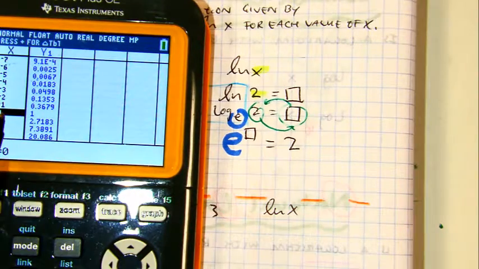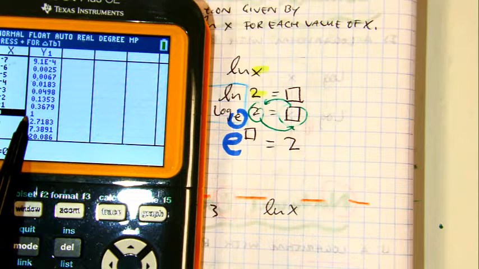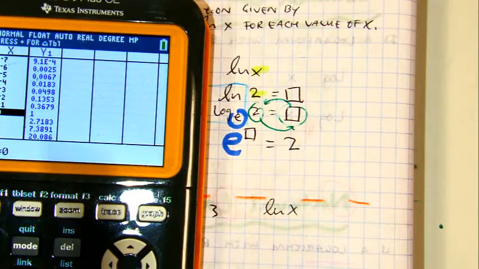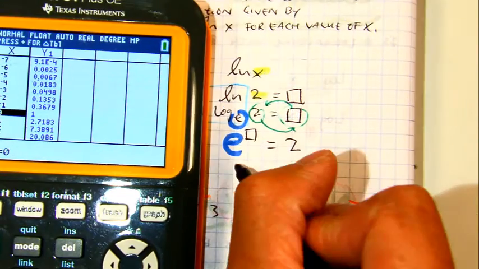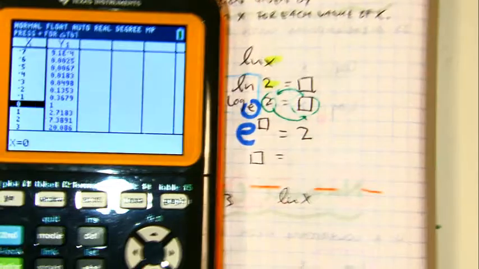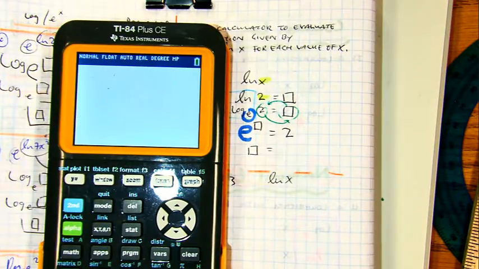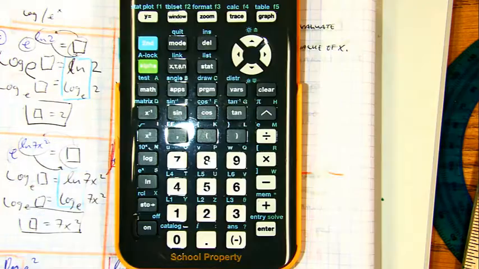I noticed that my output I want to be 2, and it's probably going to be between 1 and 2.7183. So the box is going to be between 0 and 1. Well, actually, how do we do that? If you go back to your home screen, I'm going to press second mode. And guess what? There's already a natural log button on there.